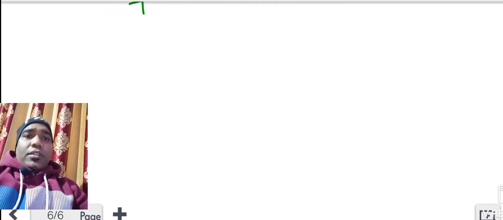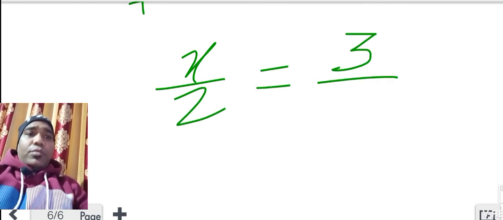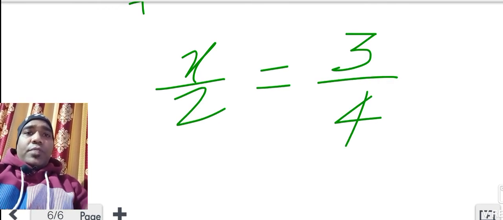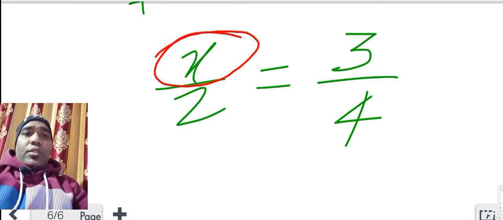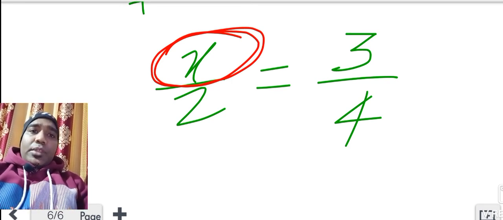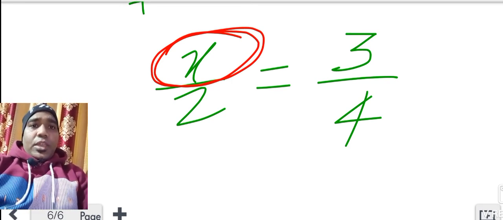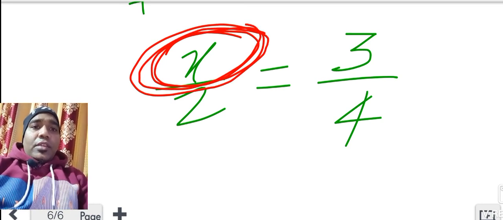So this is the rule. X by 2 is equal to 3 by 4. What do we have to find? We have to find the value of x. So the variable whose value you have to find, you keep on one side, and the rest of the things you bring to the other side.